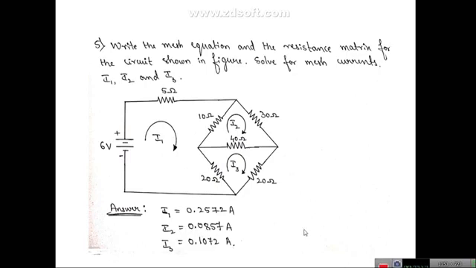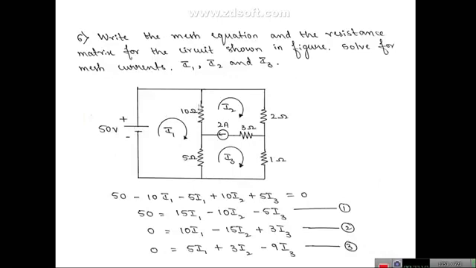And similarly one more, and this is the last problem. Write the mesh equation and resistance matrix for the circuit shown in the figure. Solve for mesh currents I1, I2, I3. I have already written a mesh equation in this.